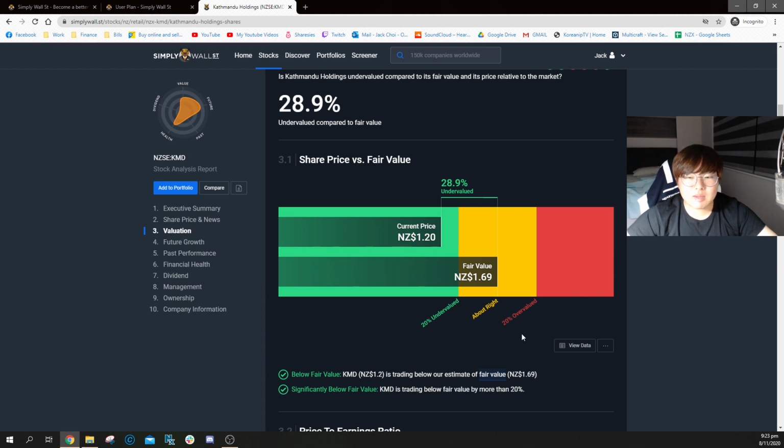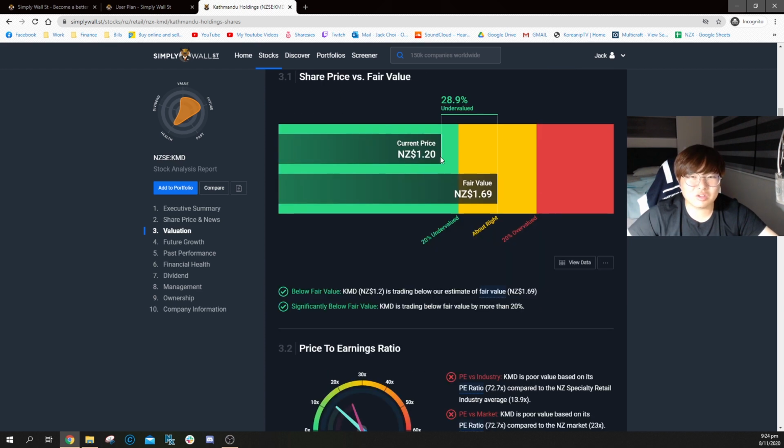There's a lot of things they might be looking into, but regardless, take this with a grain of salt, guys. It really doesn't have to be like this. For example, Plexure is at $1.50 right now, and it says its fair value is down at 22 cents. So it doesn't always work. Don't rely on this number.